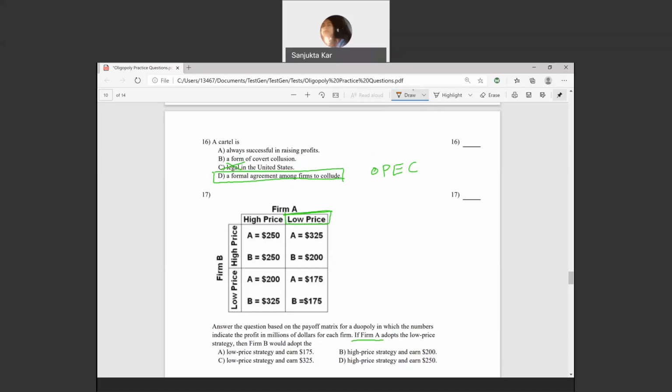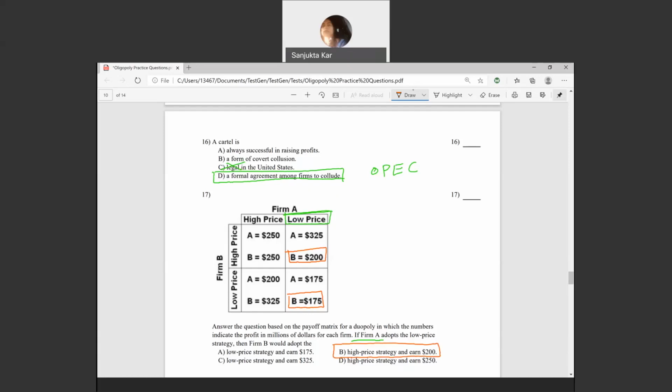Firm B has two options. Firm B can either choose 200 or choose 175. For high price, it's going to be 200. For low price, it's going to be 175. Which one do you think firm B is going to choose? Definitely 200 over 175 because 200 is greater than 175.